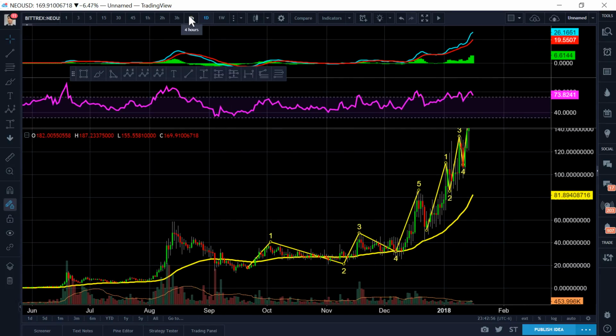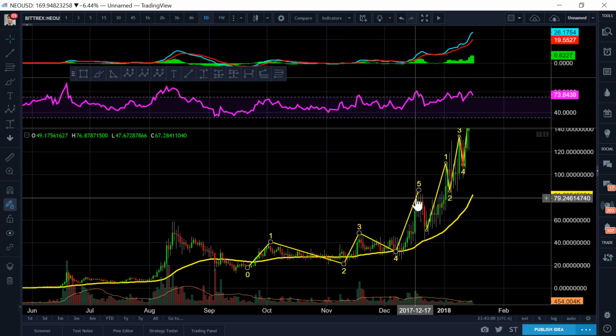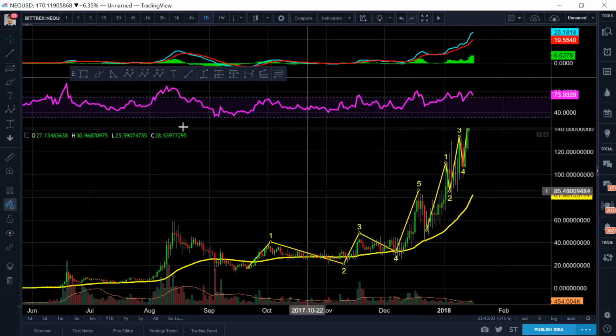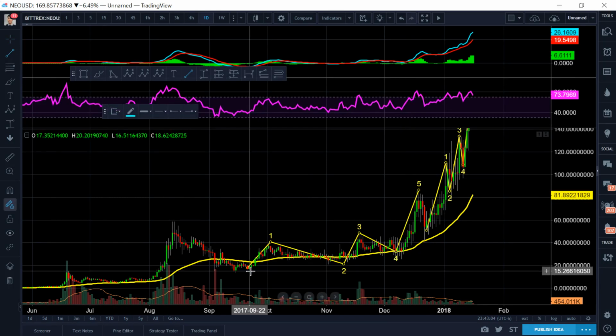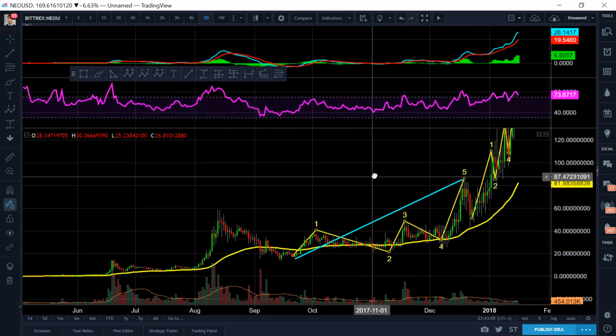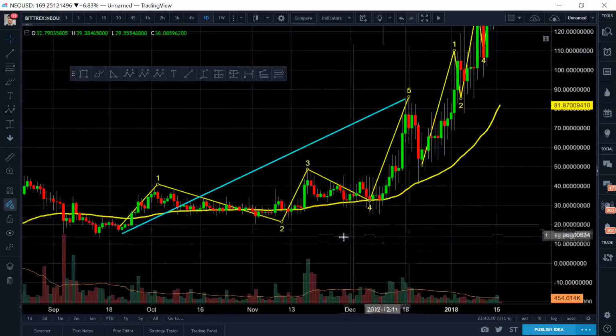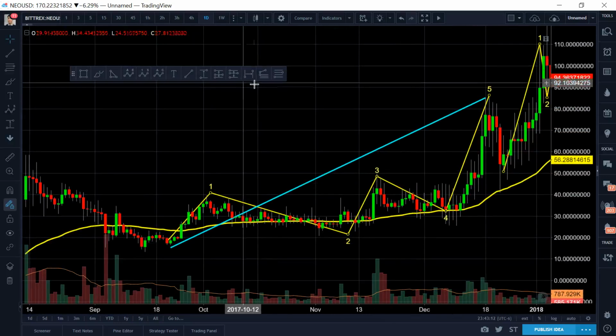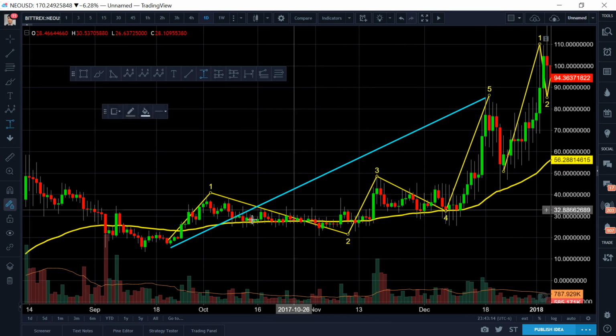Because this 5th wave right here doesn't fit well in my book for it to be that much of an impulse up for a 5th wave extension here. And the third wave is very, very tiny.